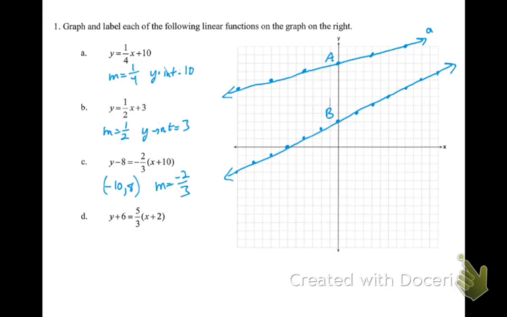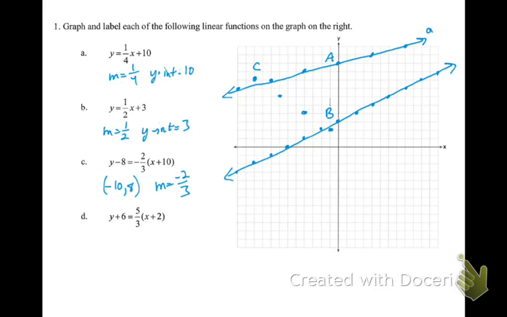So instead of starting on the y-axis, I'm going to start at -10, comma 8, which is right here. I'm going to label that point as C, just because I'm dealing with the equation in letter C. The slope is -2/3, so down 2 to the right 3, and so on.